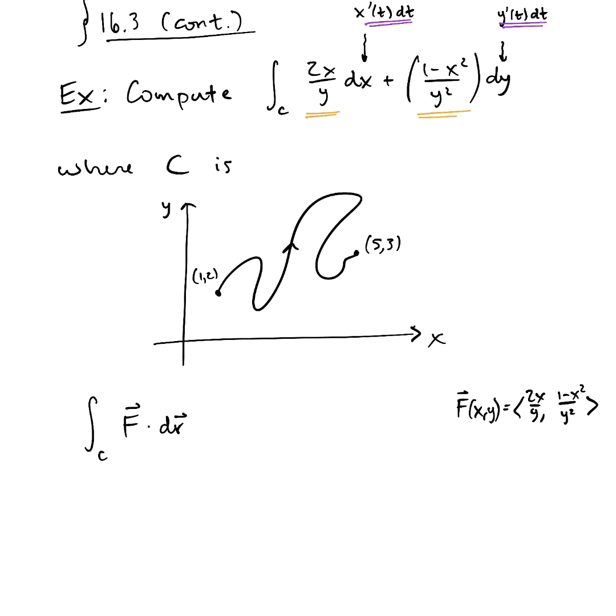Now, you can see that that vector field is problematic when y is equal to 0. It's okay though, because our curve stays away from the x-axis, so we could imagine the domain for this guy being, say, this region here.